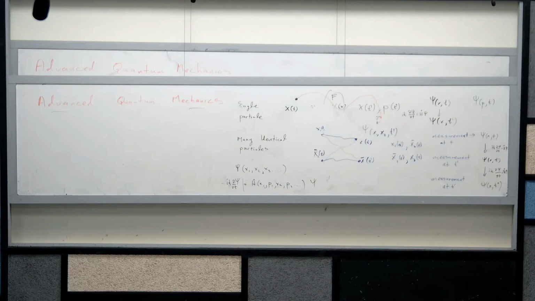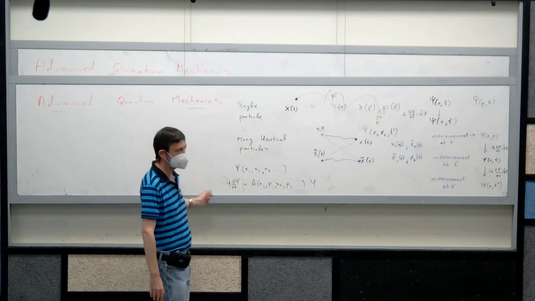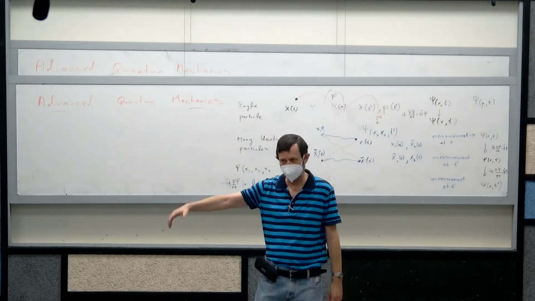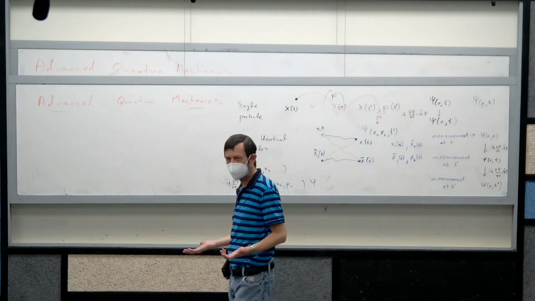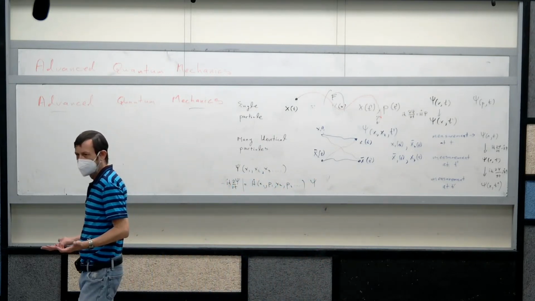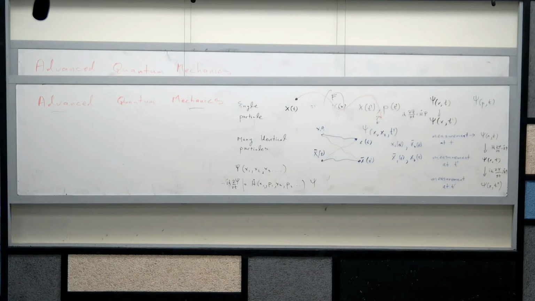Could be that the Schrödinger equation is a good approximation at low velocities compared to the velocity of light, but it's certainly non-relativistic. And this is something that we will have to fix.